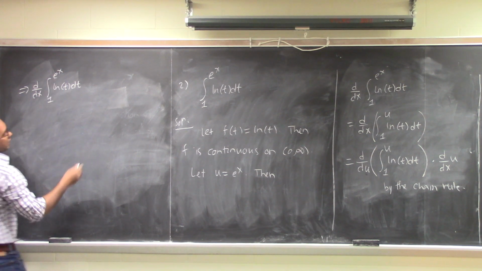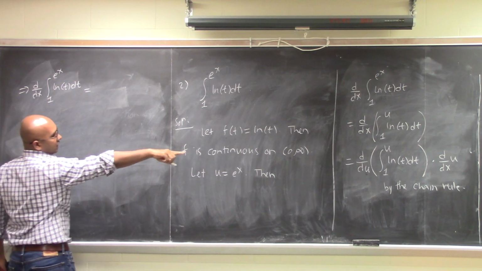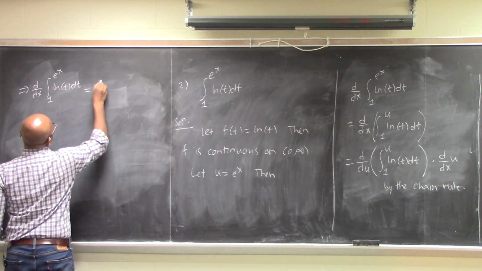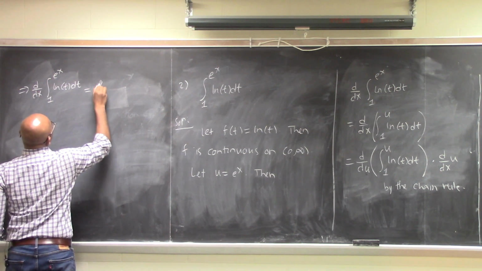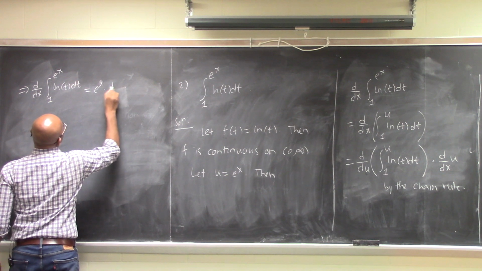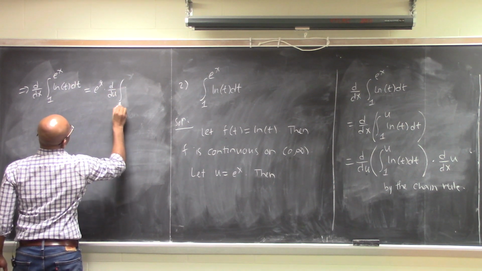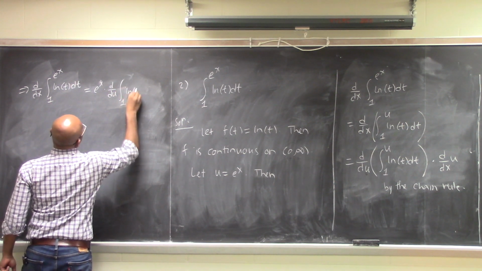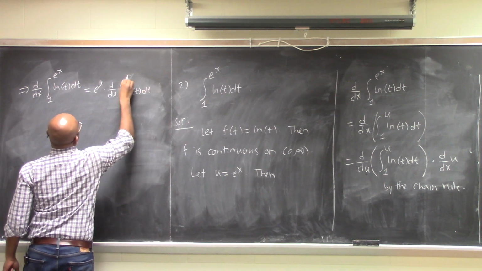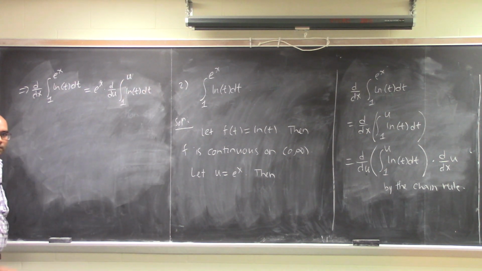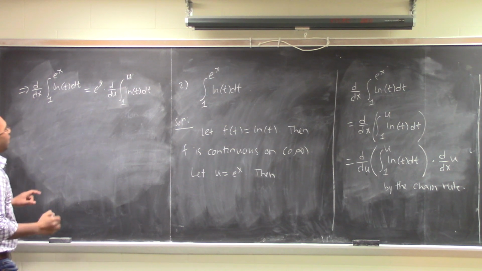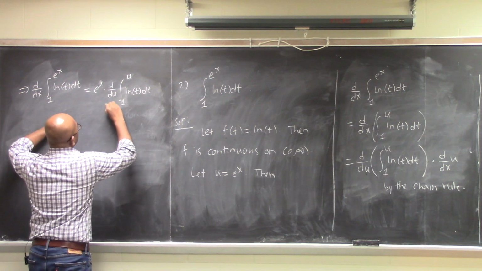That guy is ddx of u, which is e to the x, times ddu of integration of ln of t from 1 up to u. All right. And now we actually need to use FTC1 over here.